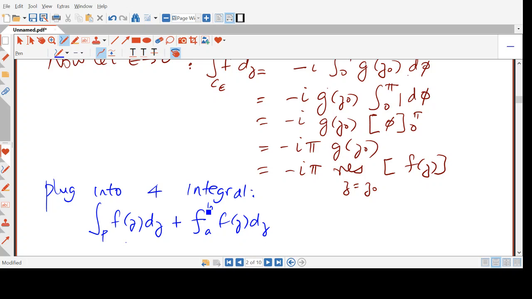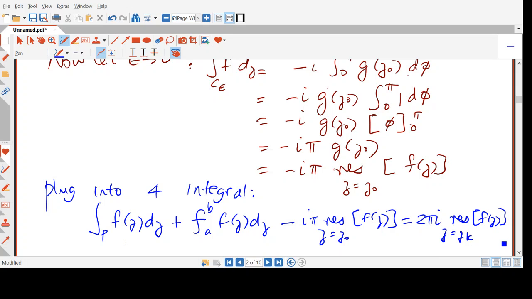Recall it was from a to z naught minus epsilon and z naught plus epsilon up to b, but now we call that a principal value. Then we put this other one here, minus the integral along c epsilon, that will be minus i pi residue of f of z at z equals z naught. And all of this is equal to 2 pi i residue of f of z at z equals any zk.